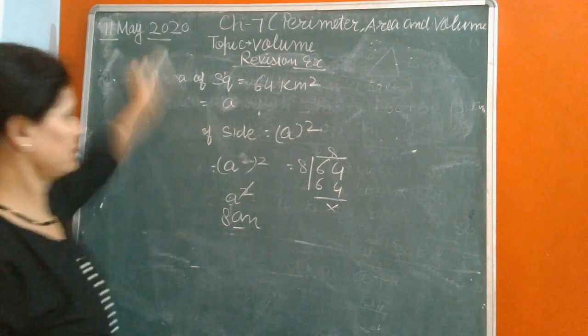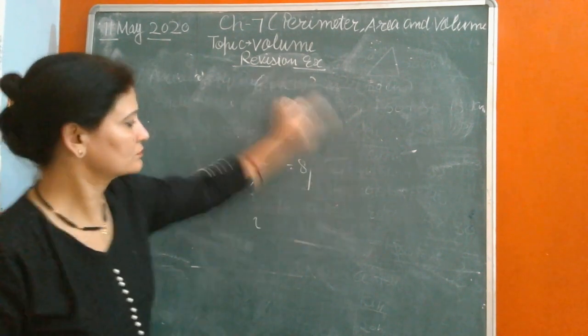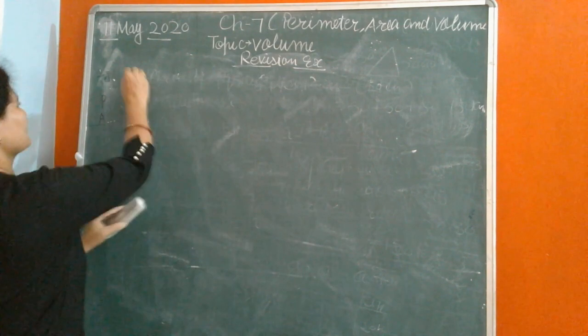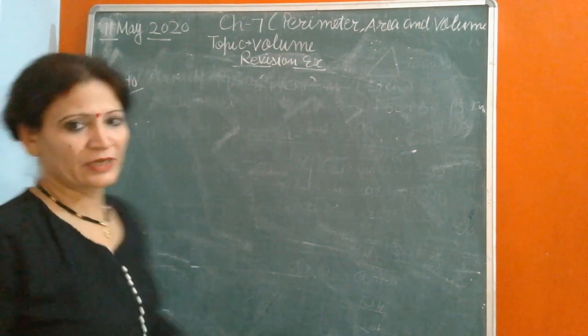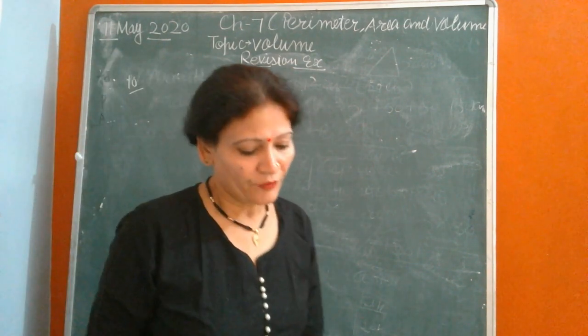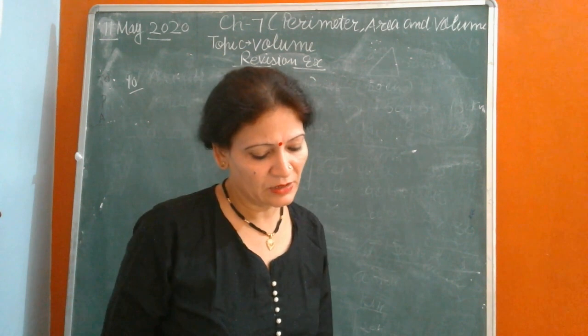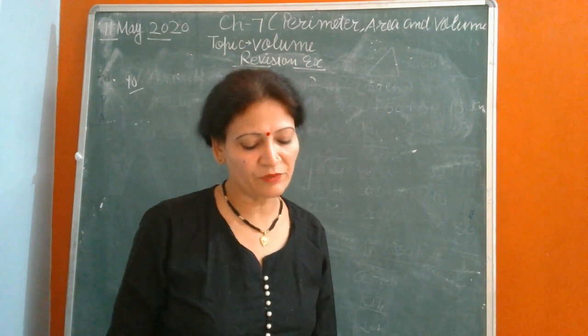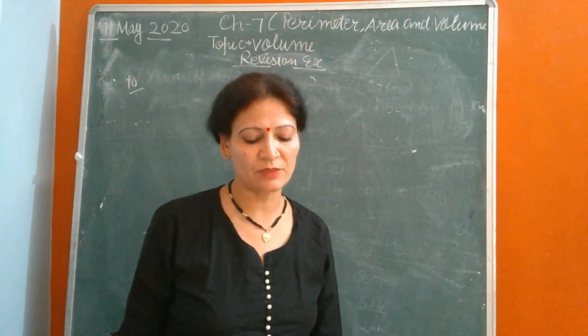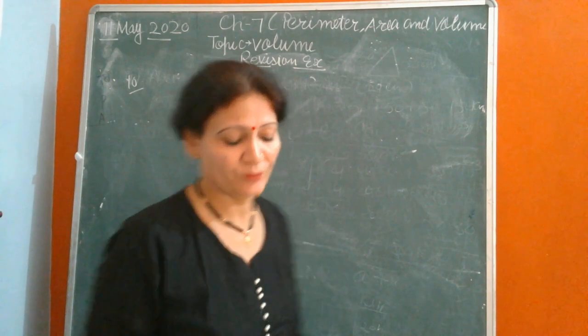Now question 10: find the length of a rectangle if the area of the rectangle is 192 square centimeter and the breadth is 12 centimeter.